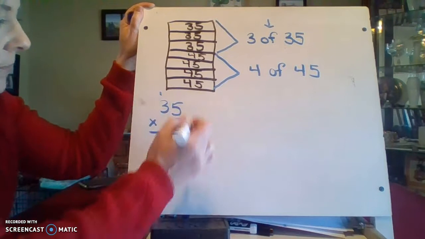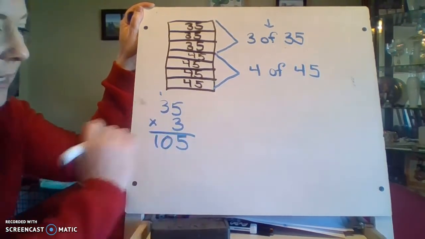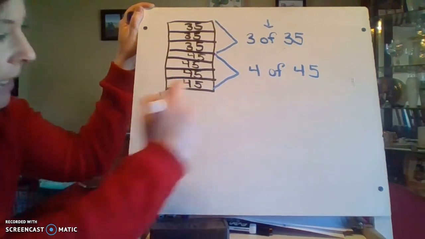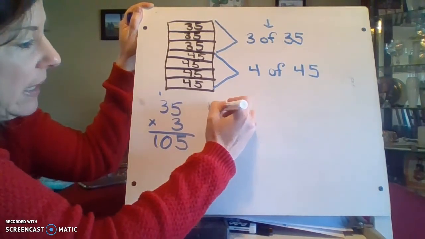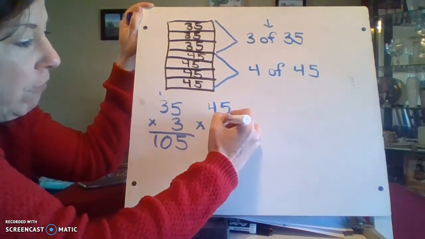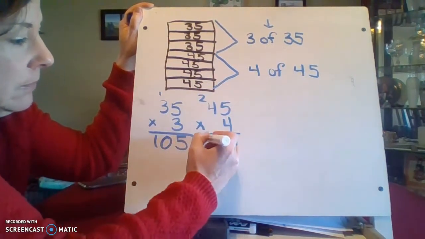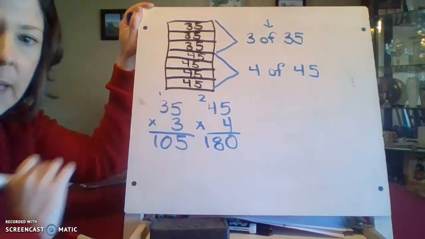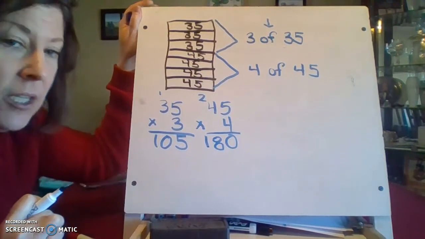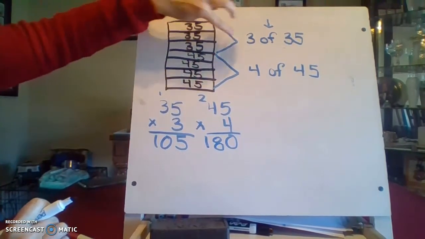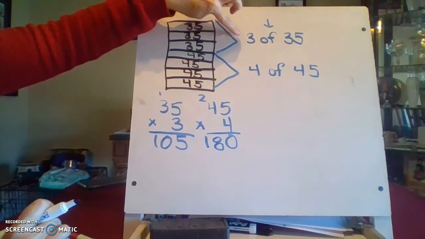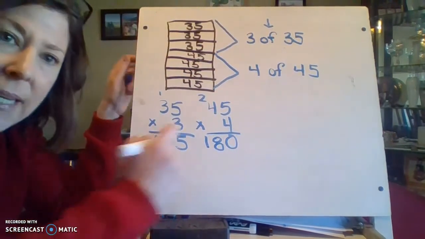And that gives me 105. I'm going to multiply 45 times 4, and that gives me 180. So here's 105, here's 180.